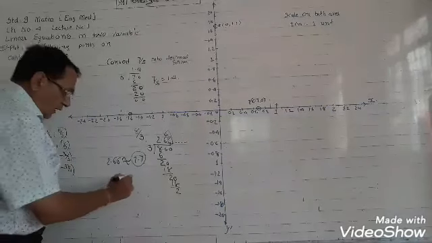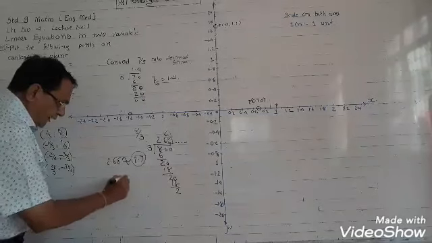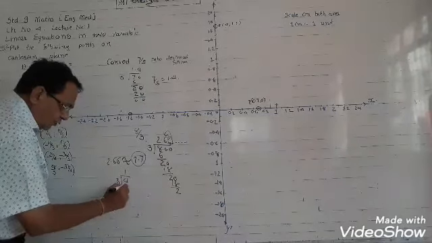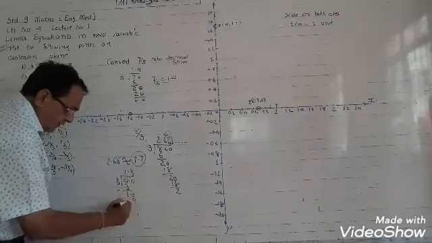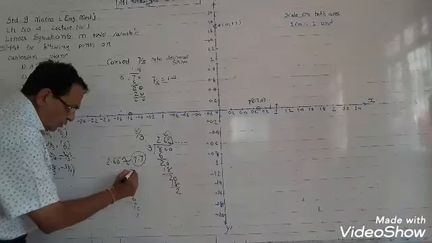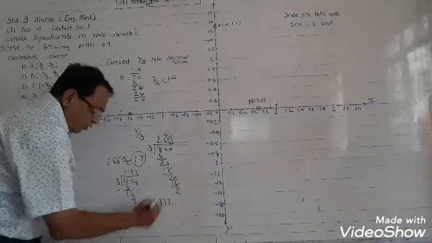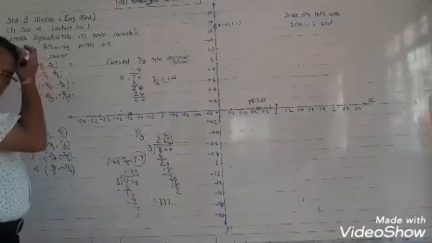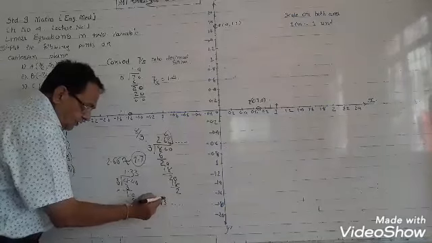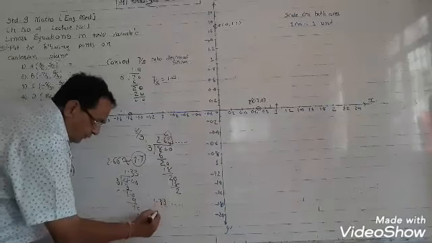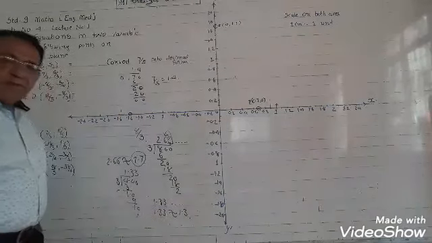Suppose you convert 4 divided by 3. 4 ones are 4. 3 1 0, 3 threes are 9. 1 0, 3 threes are 9. So 1.333. So up to 1 decimal you have to plot it. It is less than 5, so 1.33, keep as it is: 1.3.